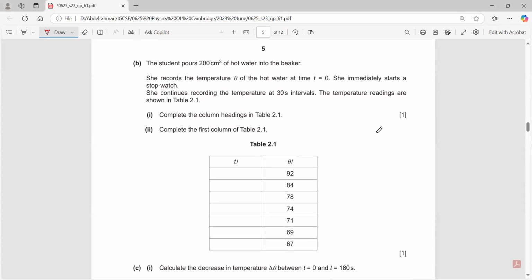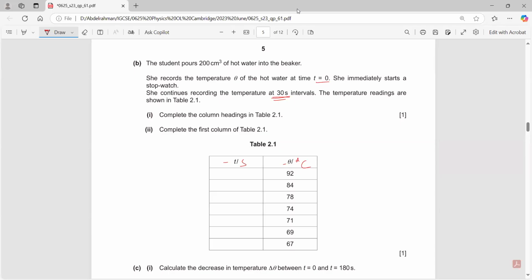He pours 200 centimeters cubed of hot water into the beaker, records the time starting at time zero. She continues recording the temperature at 30 second intervals. The temperature readings are shown in the table. Complete the column headings, the time and the theta. So the theta is in degrees Celsius and the time is in seconds.